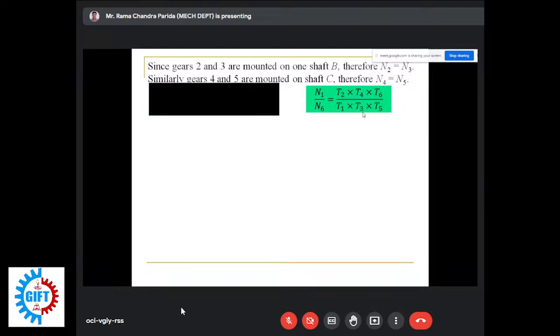Similarly, on the second intermediate shaft, gears 4 and 5 are mounted, so N4 equals N5. So N2, N3, N4, N5 will cancel. The remaining will be N1 by N6 equals T2 into T4 into T6 divided by T1, T3, T5. After simplification, you can calculate the N6 value as N1 is mentioned along with the number of teeth given. So you calculate and tell.